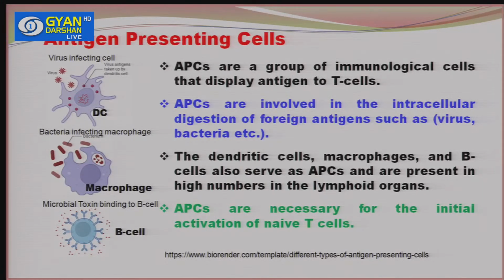Basically there are three antigen presenting cells. One is the dendritic cell, another is the macrophage, and the third one is the B cell. The antigen presenting cells are a group of immunological cells that display antigen to the T cells.